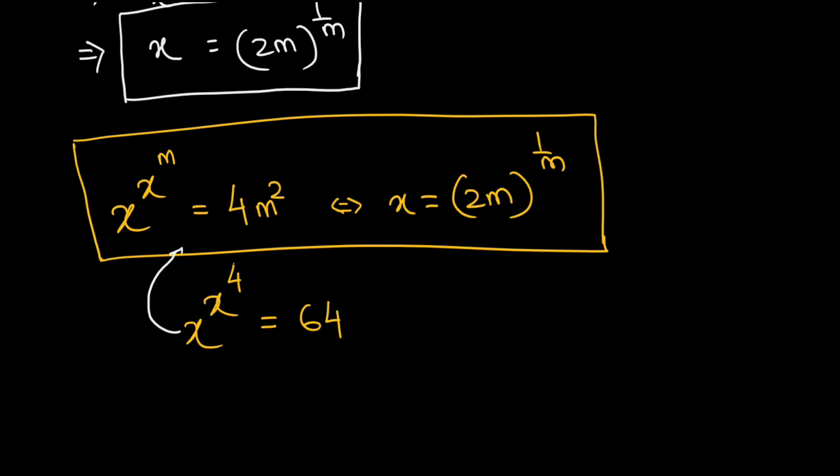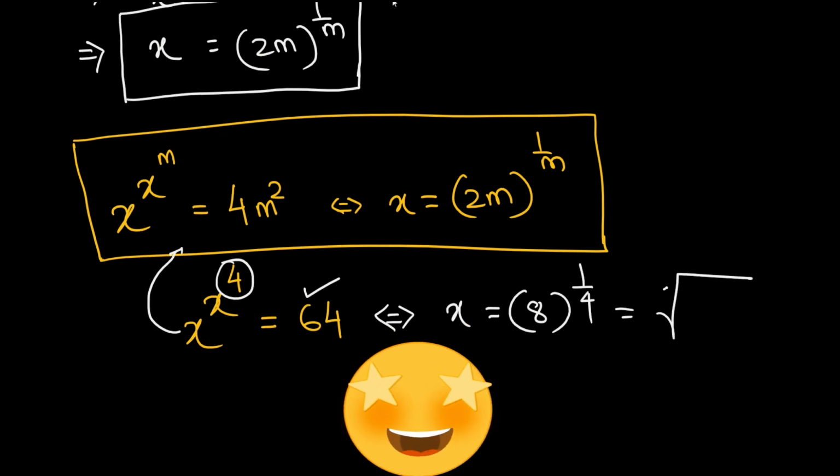So if you see, this is 4, and 4 into m square means 4 into 4 square, that is 4 into 16, 64. Hence we can say the value of x is equal to 2m, that is 2 into 4, 8, whole to the power 1 by m, that is 1 by 4. So the answer is 4th root of 8.